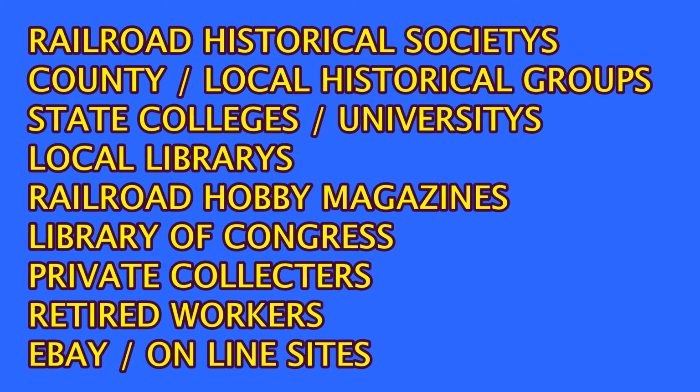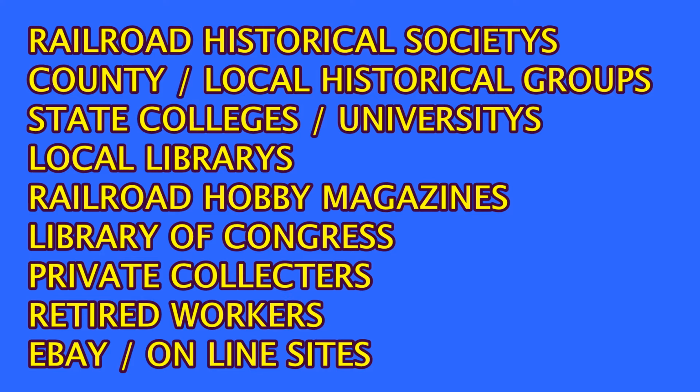I really can't stress enough the Railroad Historical Society groups. They've just had tons of information. I worked at the B&O Railroad Historical Society in a suburb of Baltimore for 3.5 years. And at that point in time, a lot of the records were still unsorted and things like that. So it was amazing what we came across during that period of time.